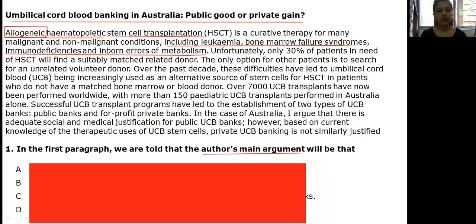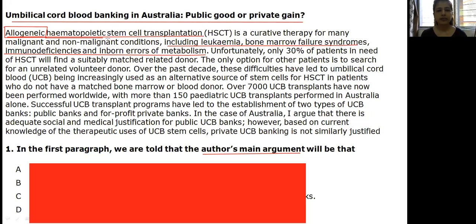So allogenic means taken from the same species, but dissimilar in terms of genetic structure. So maybe not taken every time from a family member or anyone within the family having the same genetic structure, but from the same species, from human to human.